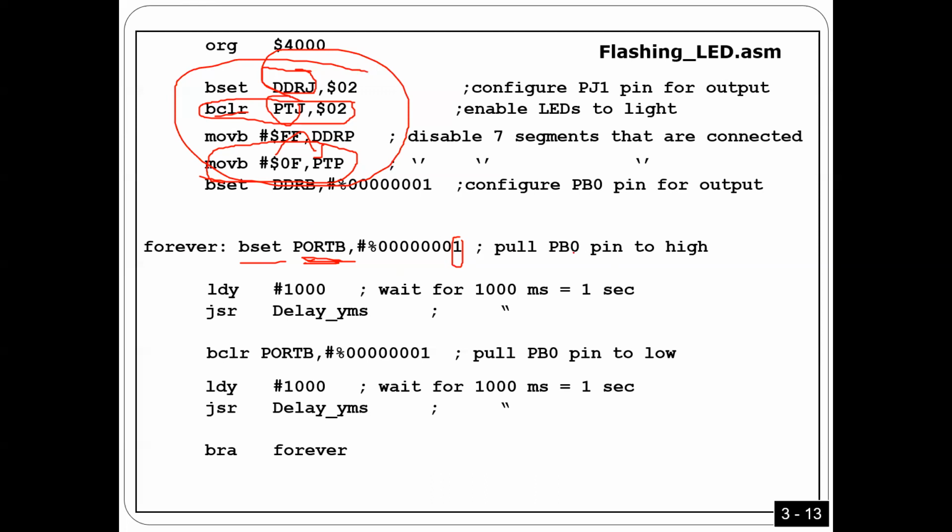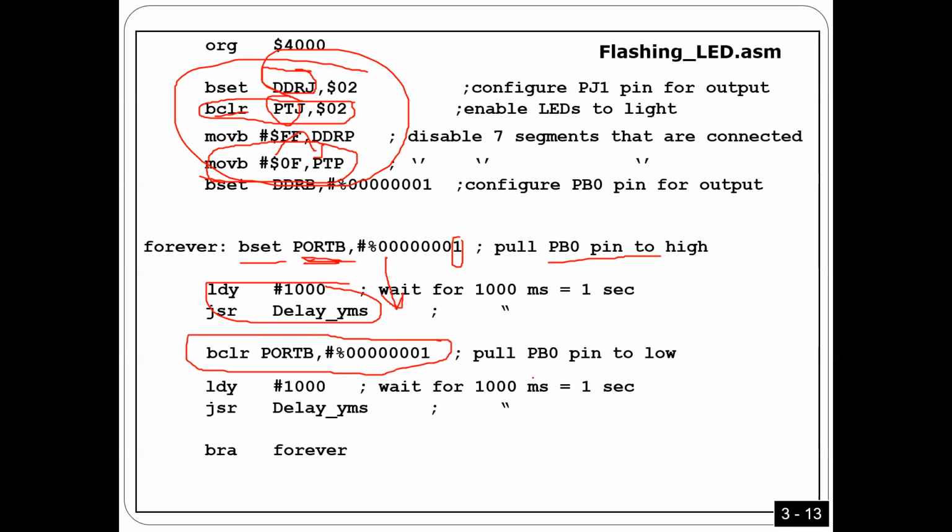Okay, so I'm going to turn it on, as I see here, and then these two instructions make a delay of 1 second. So forget it for now. I'm going to explain it right now. So now I'm going to pull PB0 high to turn the LED on, and then I'm going to come here, wait 1 second here. I'm going to explain it. Okay, now bit clear.